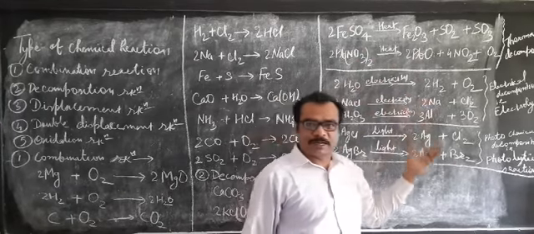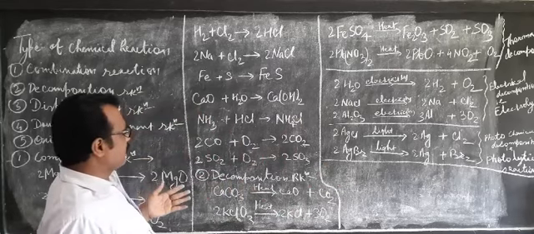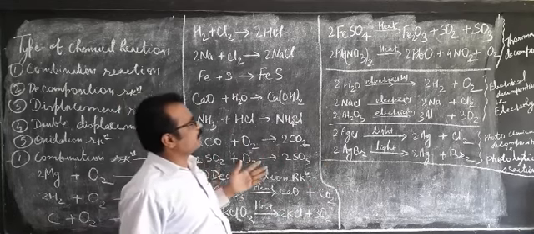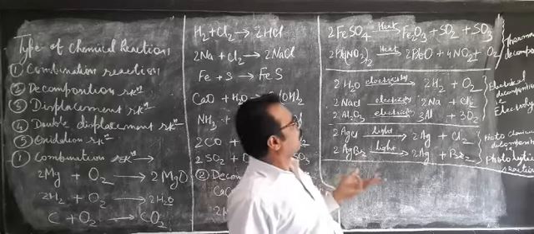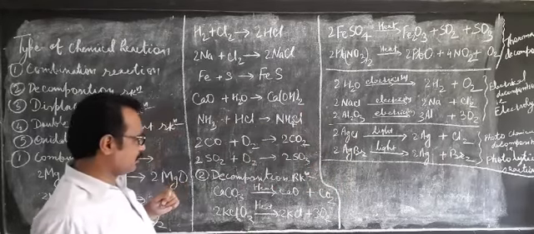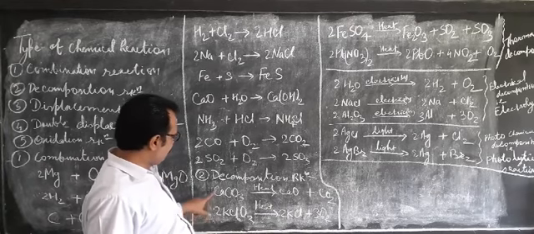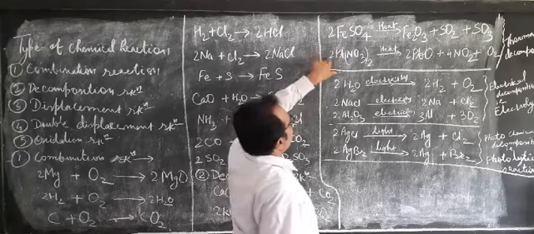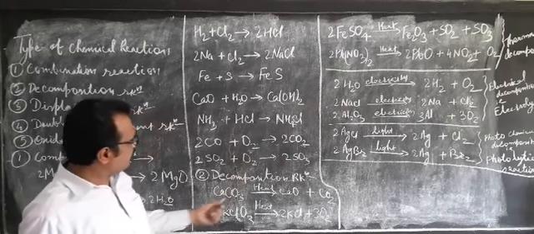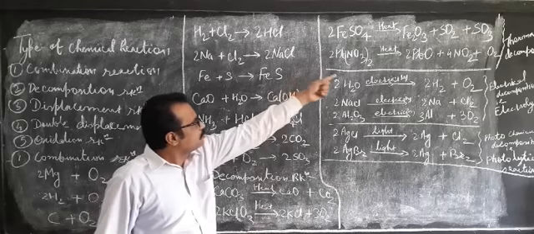So now you might have understood the decomposition reaction, that when one reactant gets converted into more than one product, then such type of reactions are known as decomposition reaction. Now look at this. The examples given, 1, 2, 3, 4. In these four reactions, over the arrow, we have written heat.